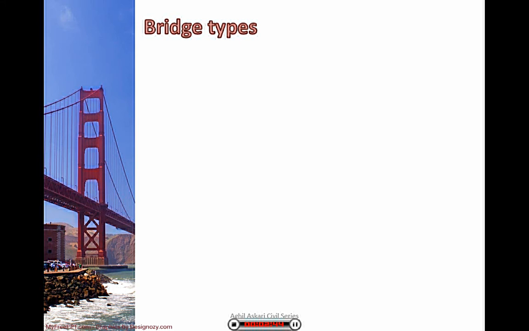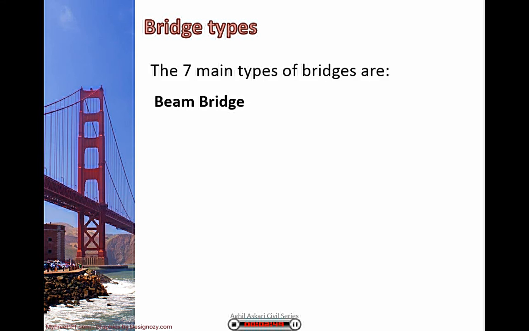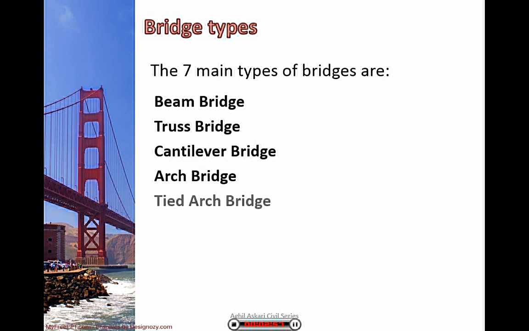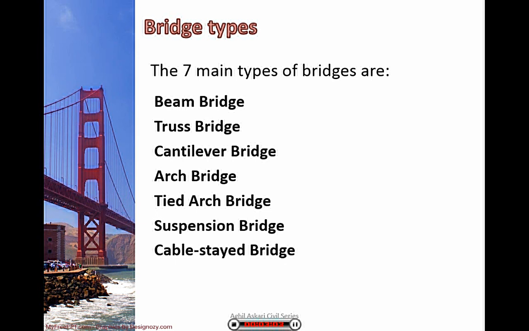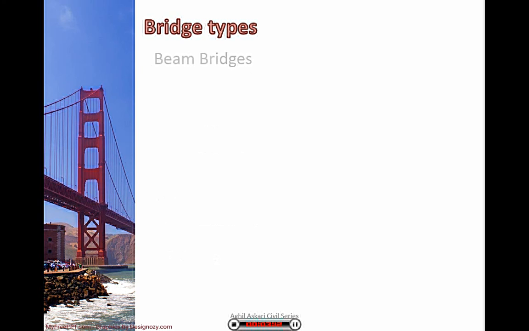The 7 main types of bridges are beam bridge, truss bridge, cantilever bridge, arc bridge, tied arc bridge, suspension bridge, and cable stayed bridge. I use this site to have them in this PowerPoint.